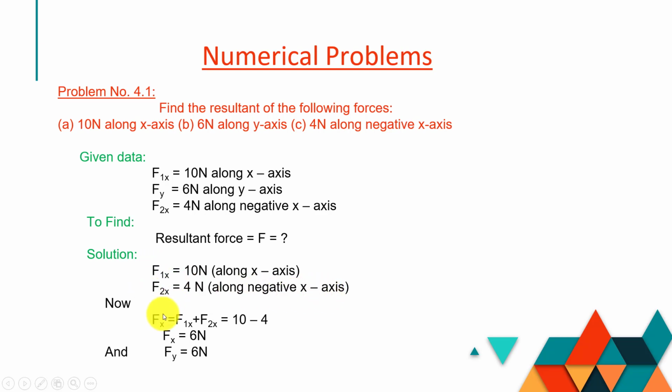So Fx, the resultant of all the x-directed forces, is equal to F1x plus F2x, which is equal to 10, the value of F1x, minus 4, the value of F2x. Since it is directed along negative x-axis, we write the negative sign. By solving 10 minus 4, we get Fx equal to 6 Newton.